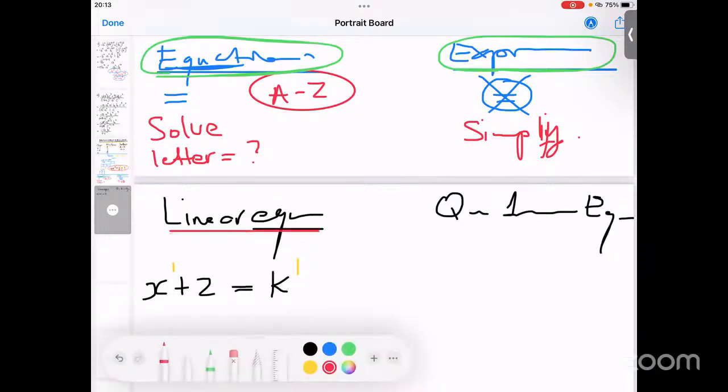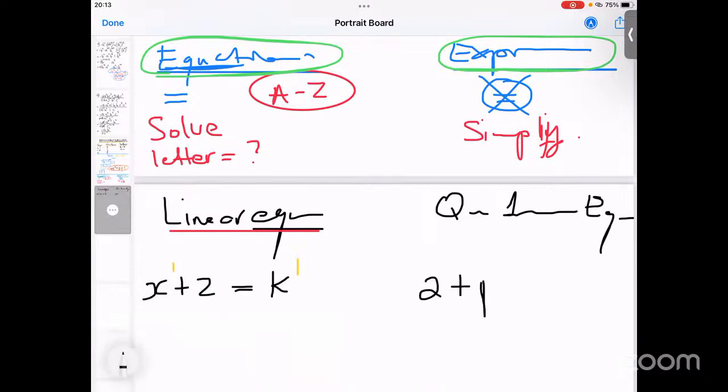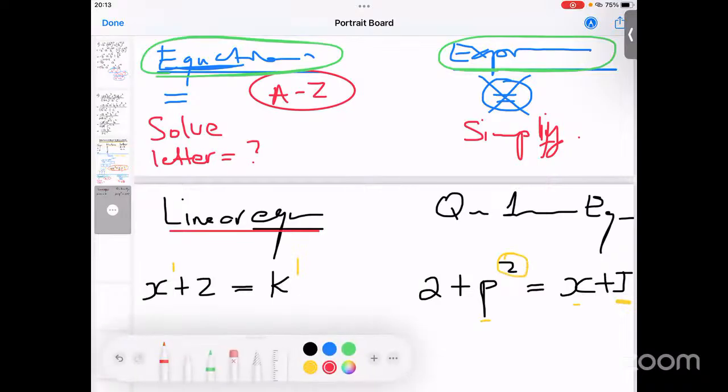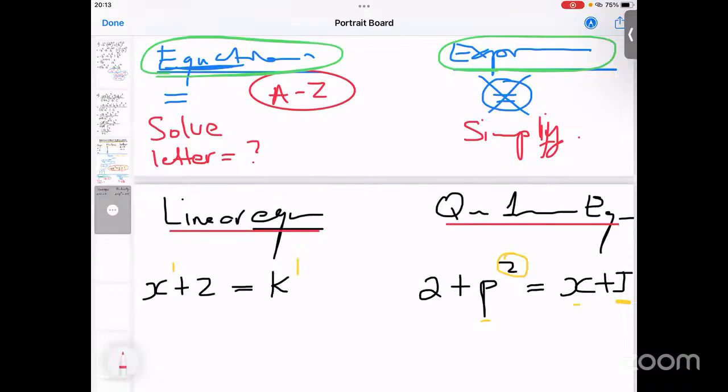But when it comes to a quadratic equation, you might find that you have 2, maybe we plus it with p squared, maybe let's equate this to x, and then we plus it with maybe j. Yes. So now you do your inspection to say, on the given letters, the highest exponent is 2. When the highest exponent is 2, it is therefore a quadratic equation.